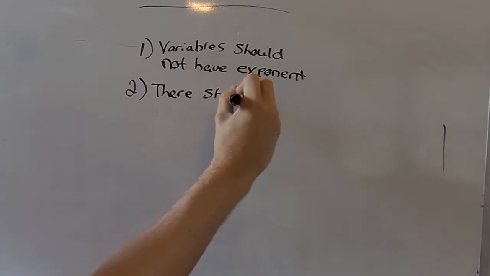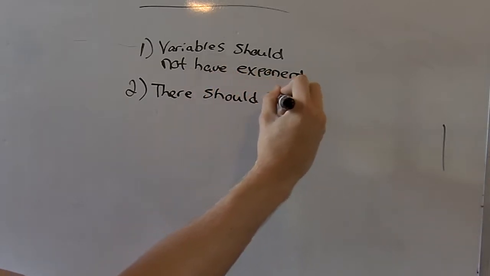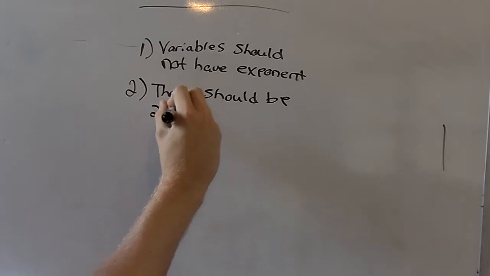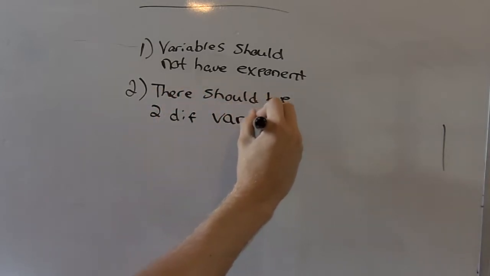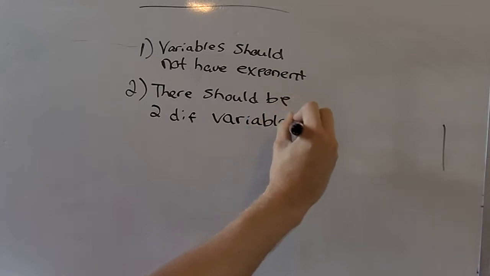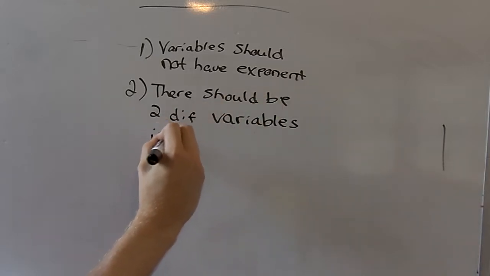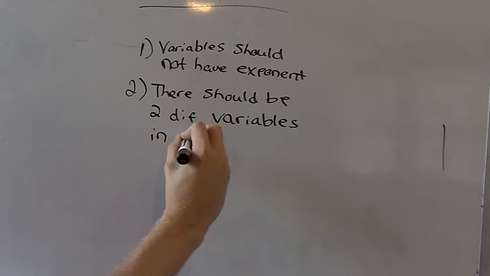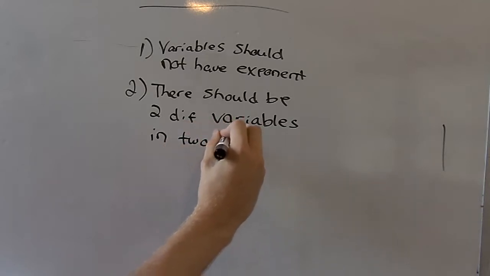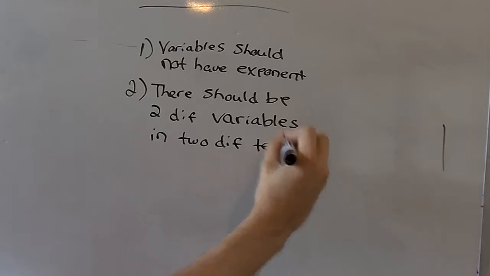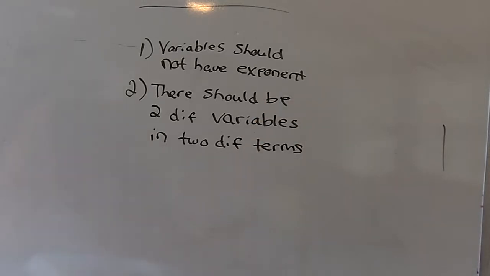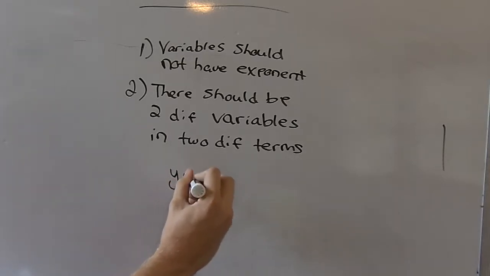There should be two different variables in two different terms. So, when I say two different variables in two different terms, I mean that y and x cannot be attached.